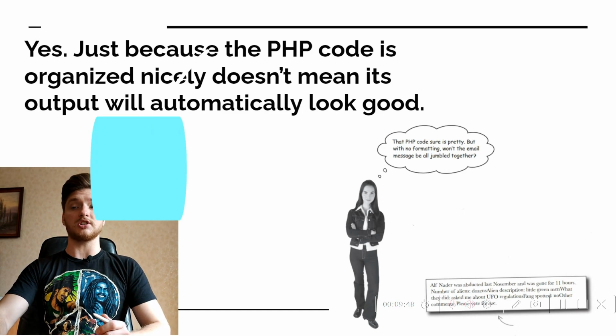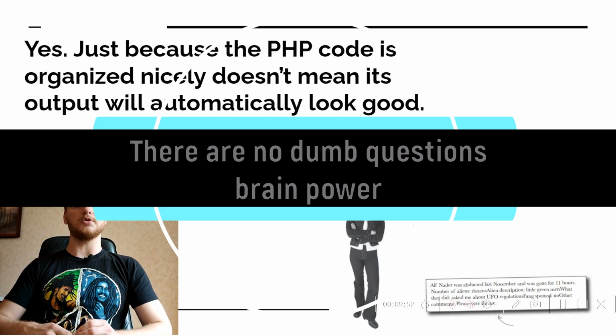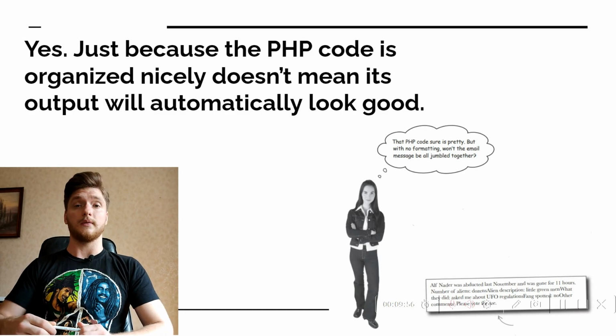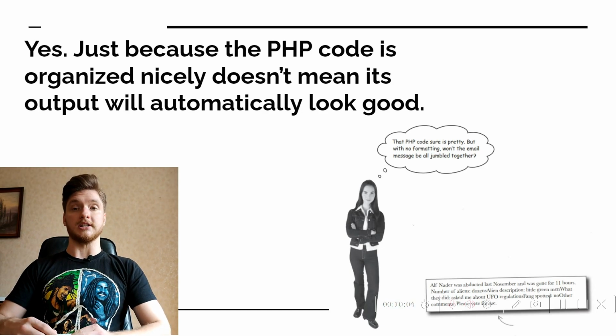There are no dumb questions. Is there a way to apply HTML formatting to emails you send from a PHP script? There is, but it requires an additional step that involves setting the content type header for the message.